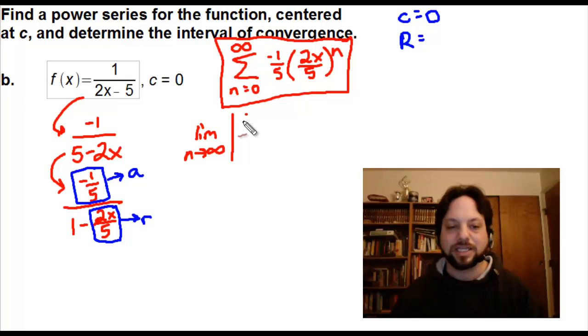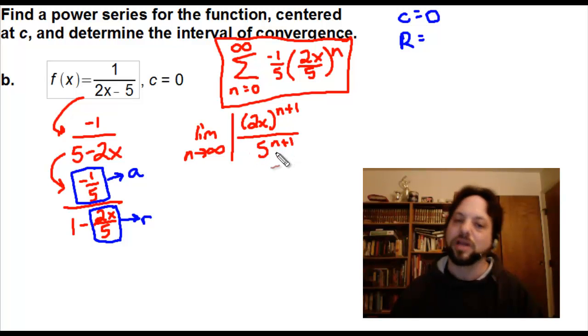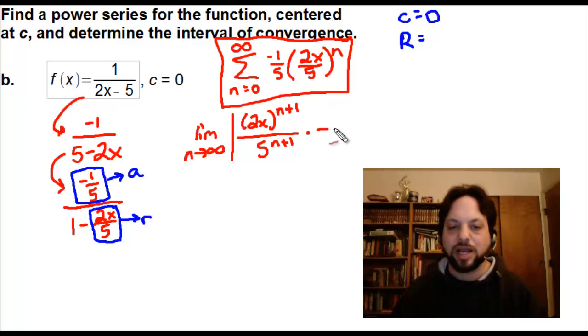And what I will write is my next term in the series, which is quantity 2x to the n plus 1 divided by 5 to the n plus 1. I did split that up just for the sake of simplification here. And I will multiply that by the reciprocal of our current term in the series, which is as you see it here.